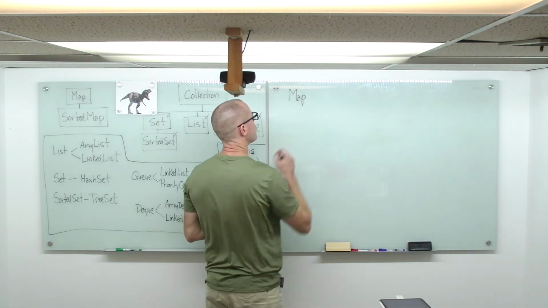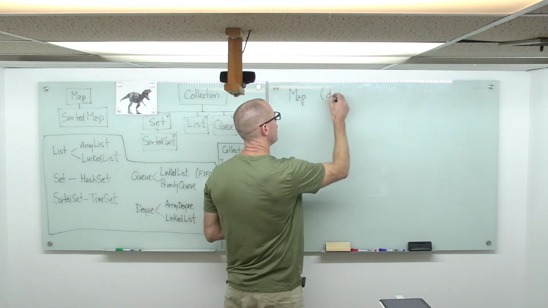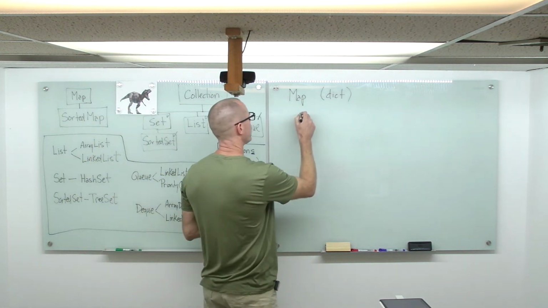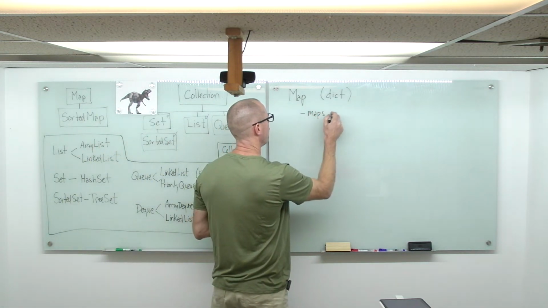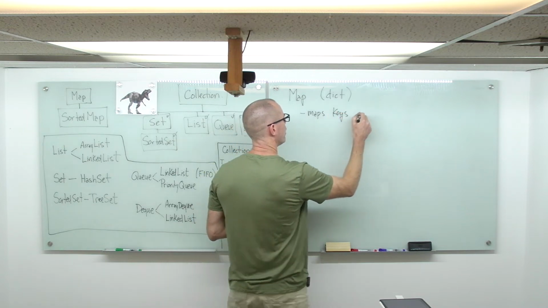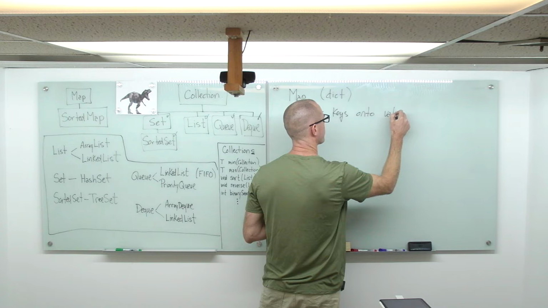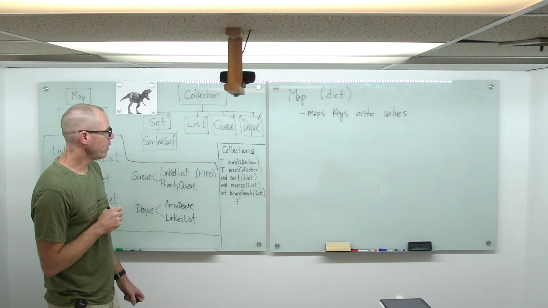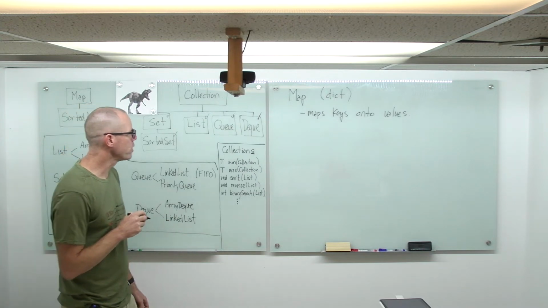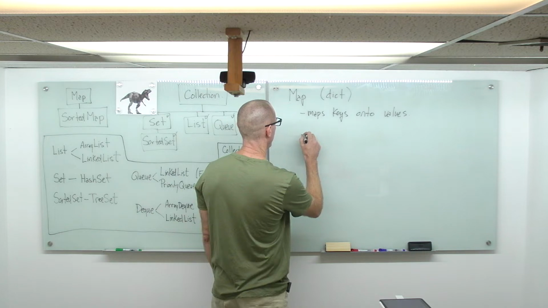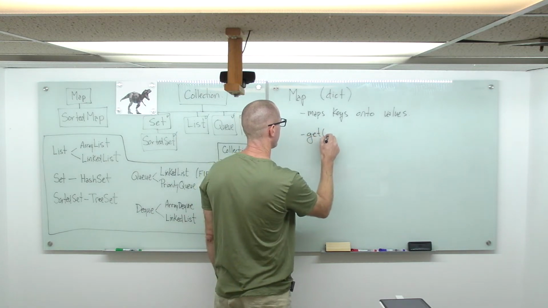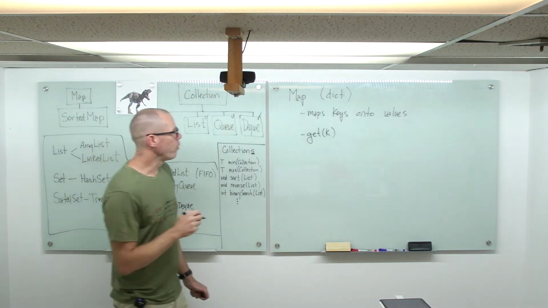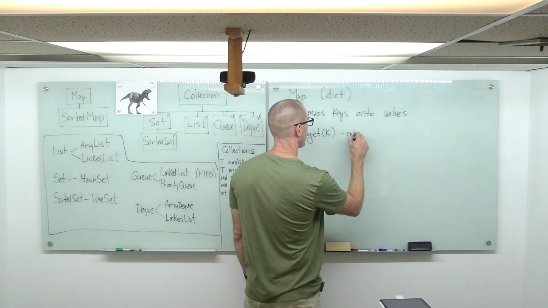So what Java calls a map is what in Python is called a dictionary. Okay, so it maps keys onto values. The main operations there are get: you pass this thing a key, and it returns the value associated with that key.